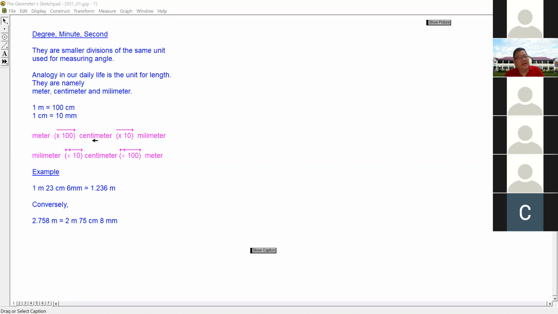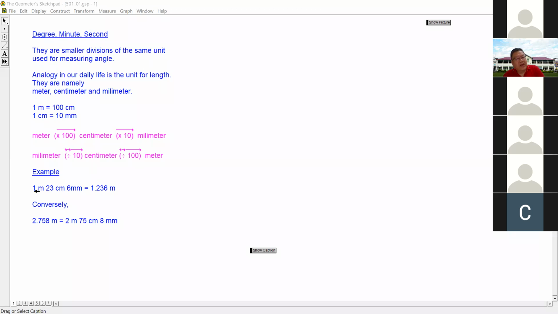Now, this is similar. This arrangement here, meter, centimeter, and millimeter, they are actually the same unit used for measuring length. And this is similar to our degree, minute, and second. They are the unit used for measuring angles, and just that minute and second, they are smaller division.